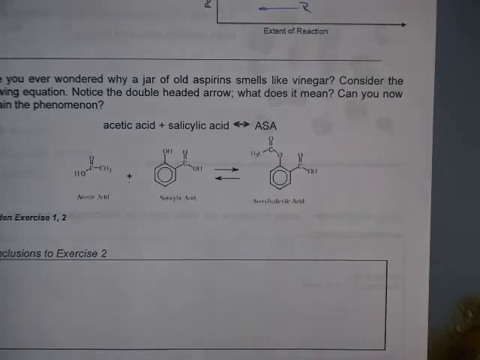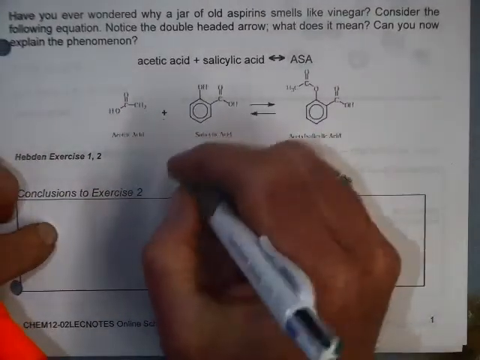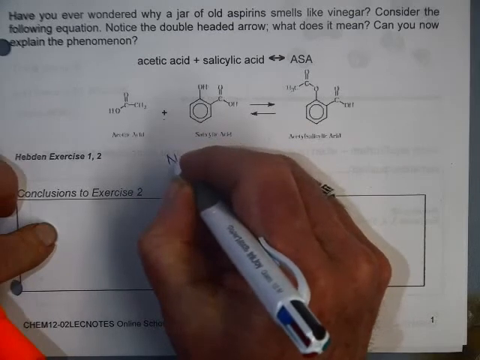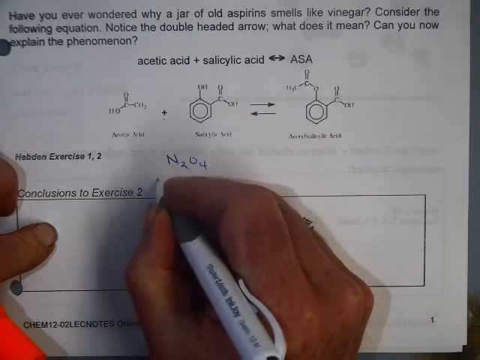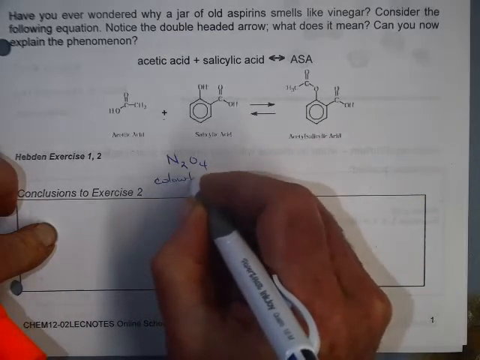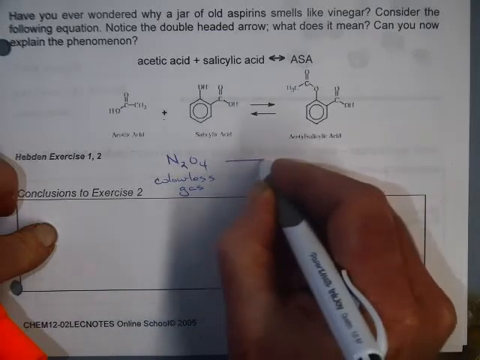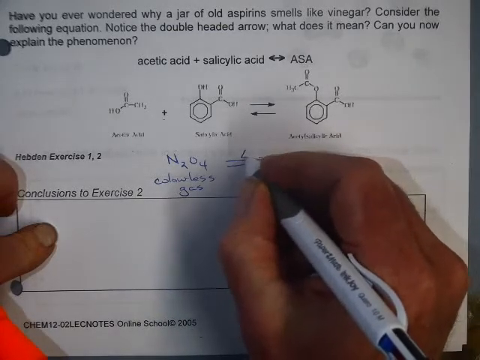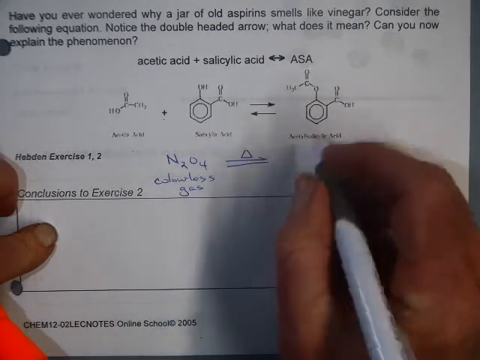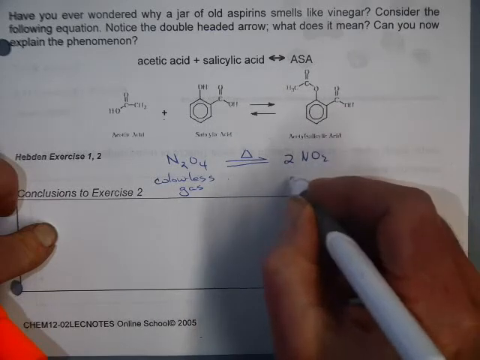Another interesting one is dinitrogen tetroxide, N2O4, a colorless gas. And if you add heat to it, you'll get 2NO2, which is a brown gas.